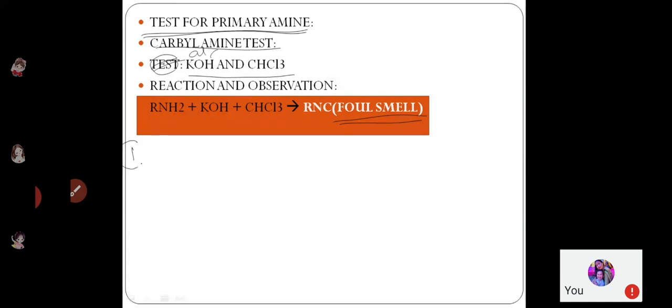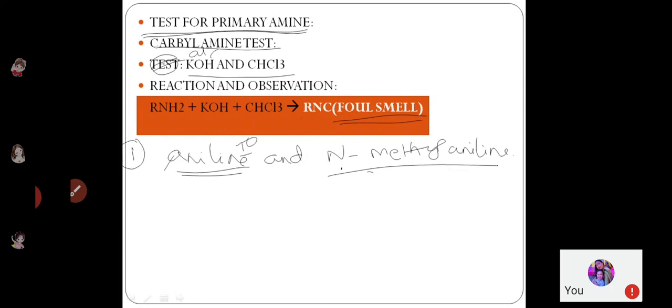If you are asked to differentiate between aniline and N-methyl aniline: aniline is NH2, so this is 1 degree, and in N-methyl aniline one hydrogen is replaced, so this is 2 degree. You can do the Hinsberg reagent test.